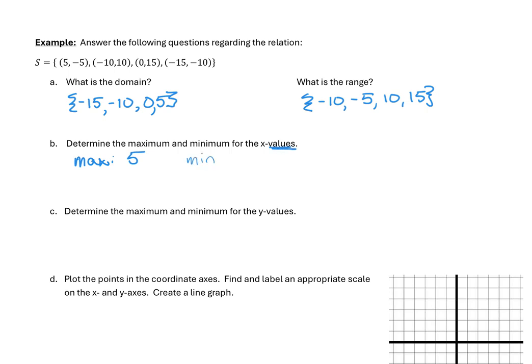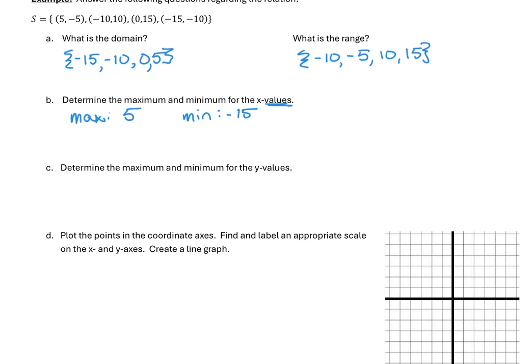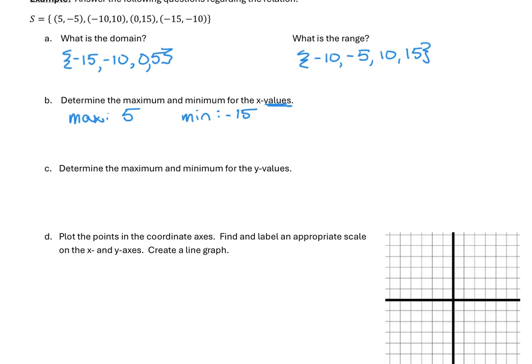Our minimum x value is -15. We want the maximum and minimum for the y values. Our maximum y value is 15, and our minimum is -10. Okay, largest and smallest.